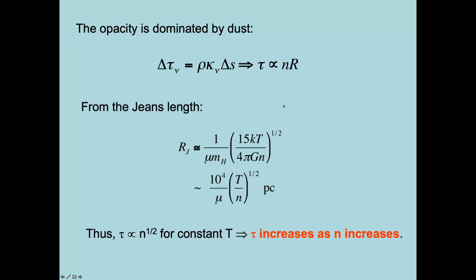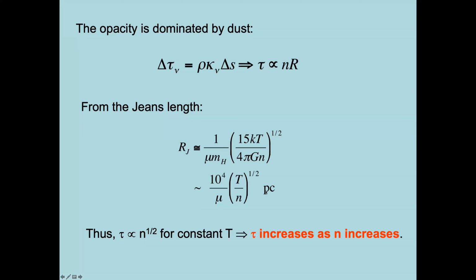You can rewrite the radius using the equation that we found for the Jeans mass. You just put the dr on the left side, and if you put down the numbers for the various constants, you get that the Jeans radius, because this is coming from the Jeans equation, is about 10^4 divided by mu, the mean molecular mass, times the square root of T over n.